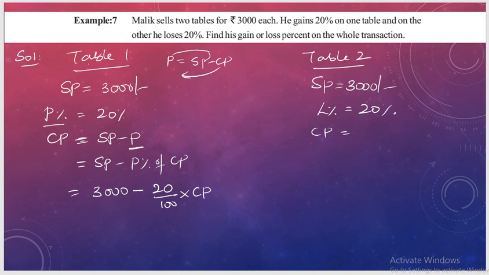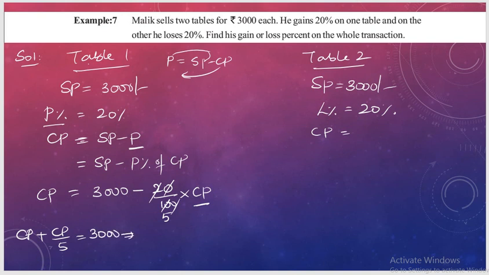So this is nothing but CP. So from this, what am I going to get? The 0 0 gets cancelled. This 2 in 10, 5 times. So this is nothing but my CP. So what I got here: CP by 5. Now when I transpose, CP plus CP by 5 is equal to 3000 rupees.